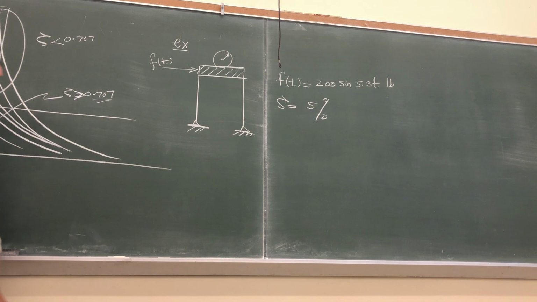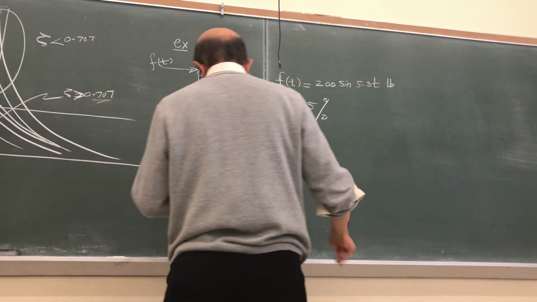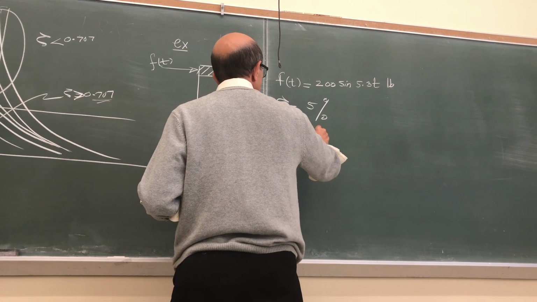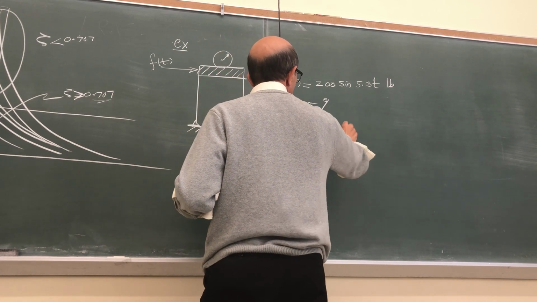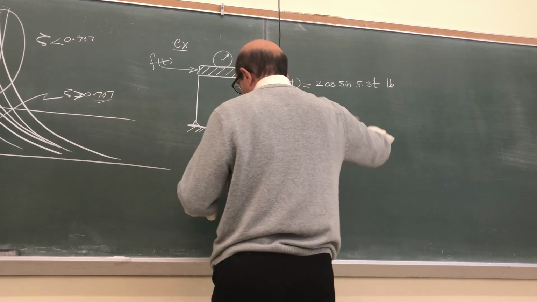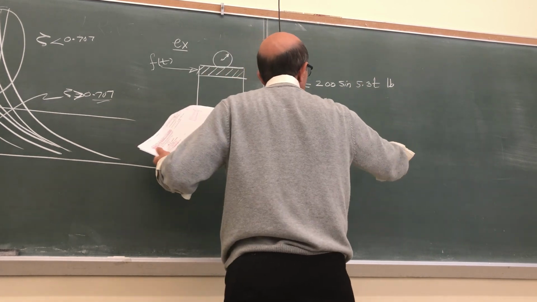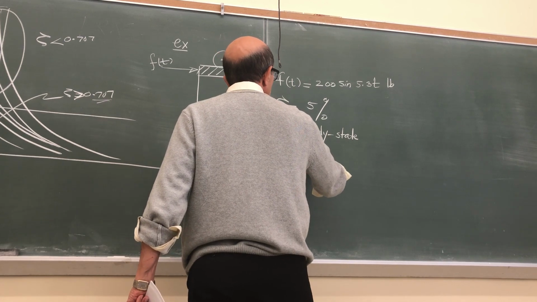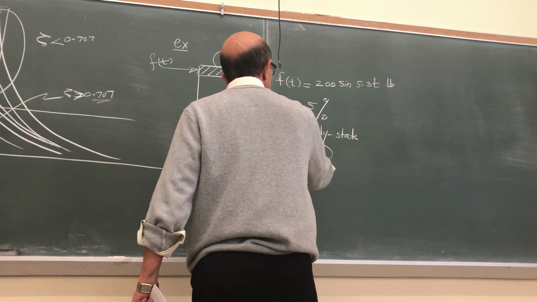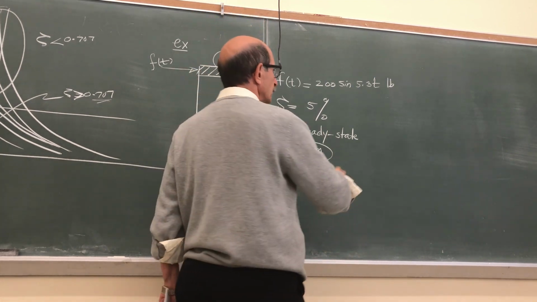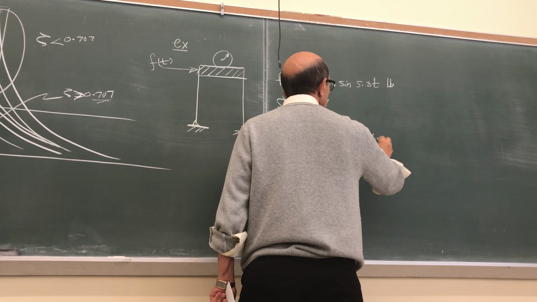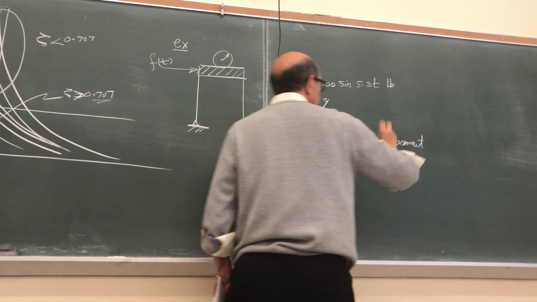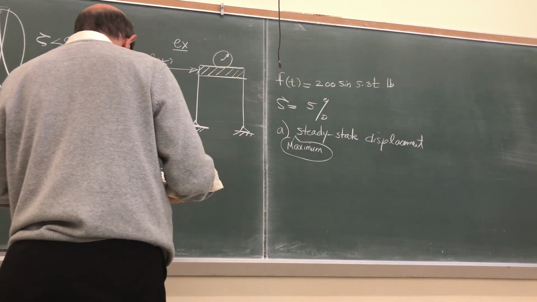What we want to find out is the steady state amplitude, or rather the maximum steady state displacement. Amplitude physically makes more sense, saying the maximum steady state displacement. That's the first thing we want to find.